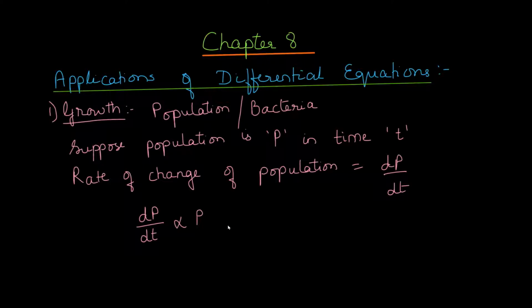So we write this equation this way, that is dP by dt is equal to k into P, where k is the constant of proportionality.